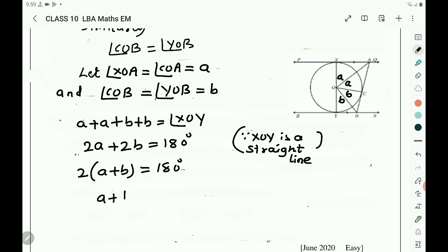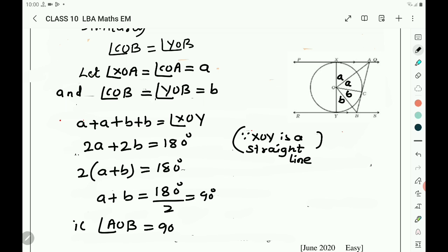You get A plus B equals 180 degree by 2, which is equals to 90 degree. In the figure you observe A plus B is which angle? That is angle COA plus angle BOC, which is equals to what? AOB. Then you write A plus B is equals to angle AOB, that is angle AOB is equals to 90 degree.